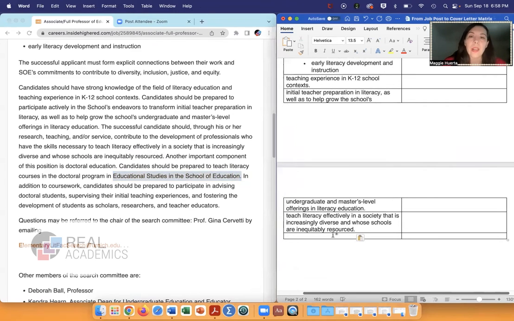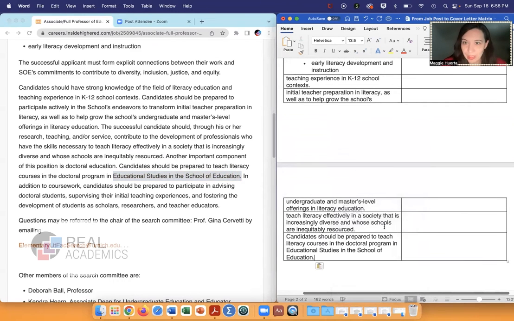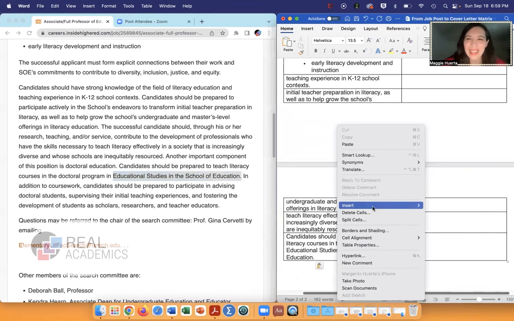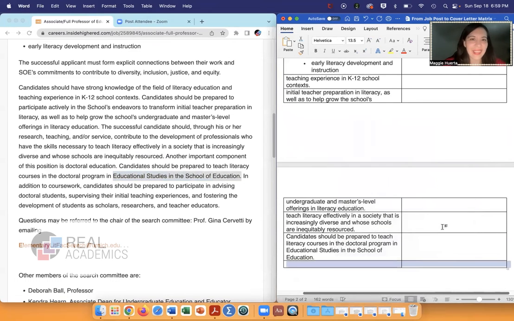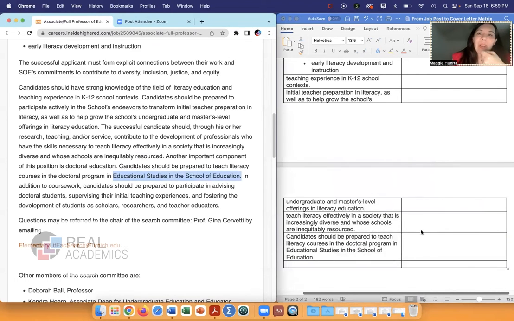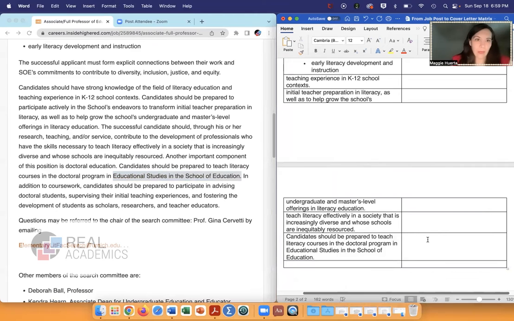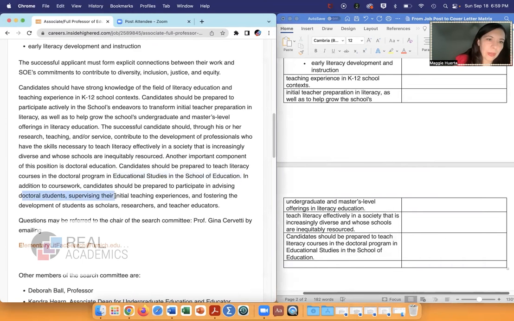Okay. Because every place is different. All right. So I could speak to my work with developing doctoral students for sure. In addition to coursework, candidates should be prepared to participate in advising doctoral students. There we go, supervising initiative and all this work. Okay.